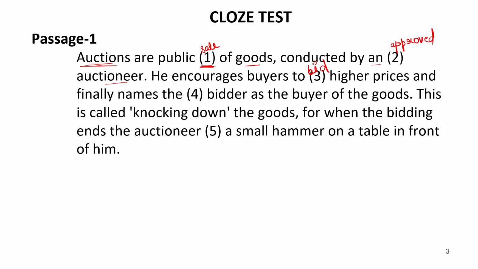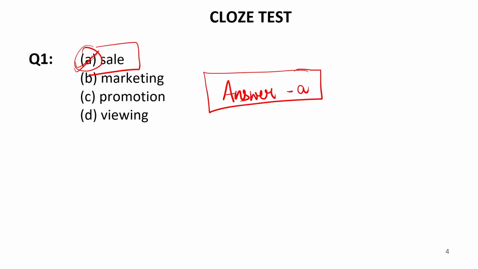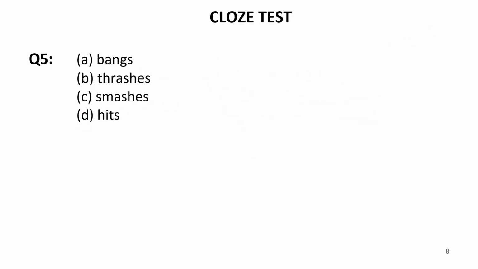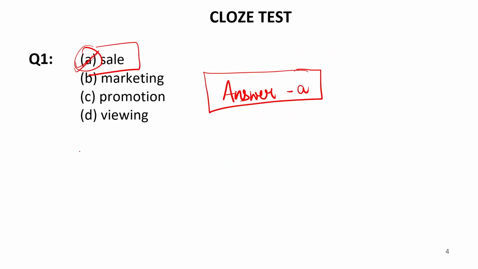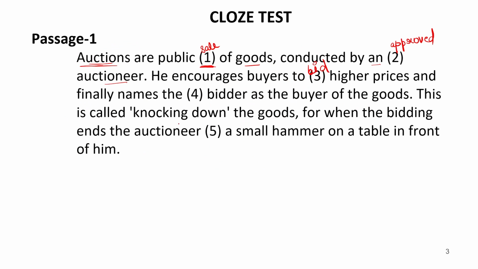The auctioneer used to hit the hammer. When he hits the hammer, a sound came there. That is the sound of the hammer. This process of hitting the hammer on the table is known as bangs. So, bangs is the correct answer over here. So, the correct answer is A, that is bangs.